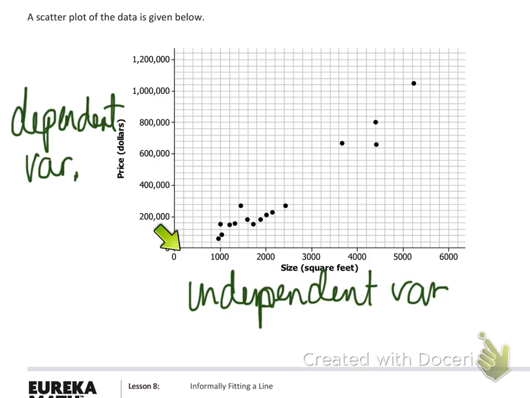So here we're going to say price depends on the size of a house. And that means it's the dependent variable. Okay, so just to restate, we're going to use size and predict price.